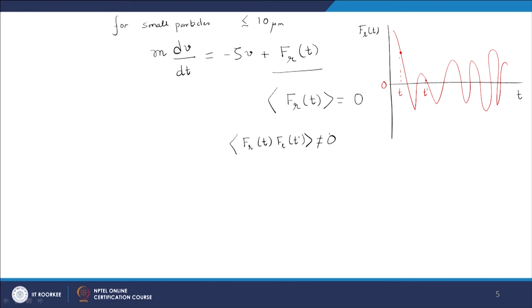I mean, ultimately it doesn't provide an answer of what that value should be, and one of the good approximations can be that we represent it using a delta function, because eventually when t becomes t prime, then it becomes F_R(t) squared, and that clearly is a large value, and the correlations must decay at long times, because after some time the system will lose its memory.